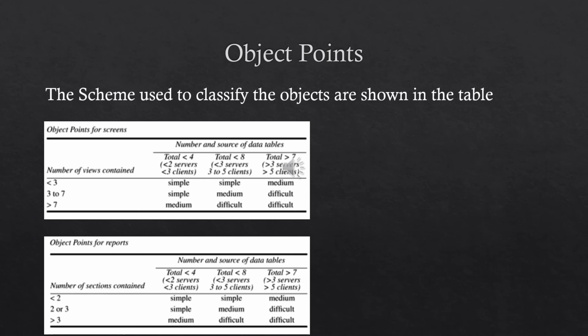Then such an entry can be defined or classified as a simple object point. Similarly, 9 different rules can be defined. Such rules are tabulated in a table. That table is tabulated here. Object points for report.